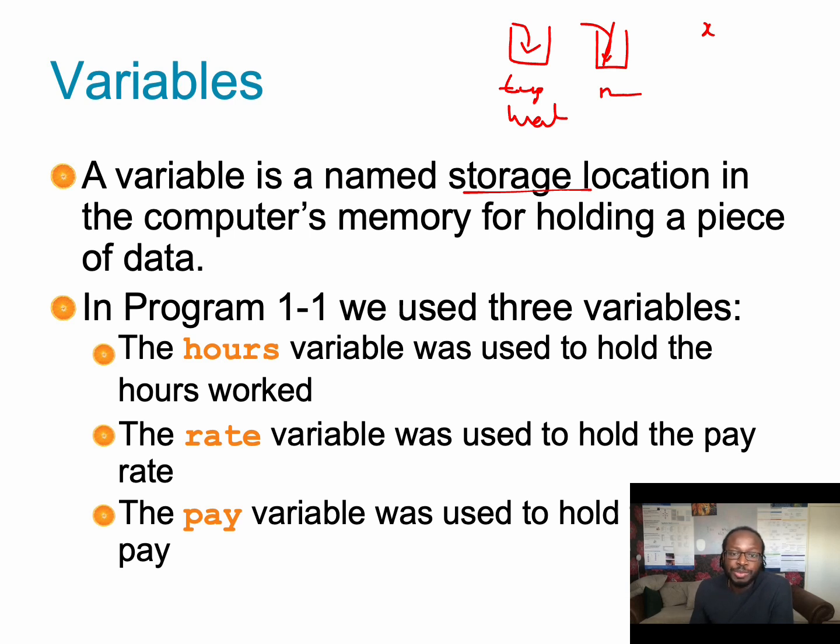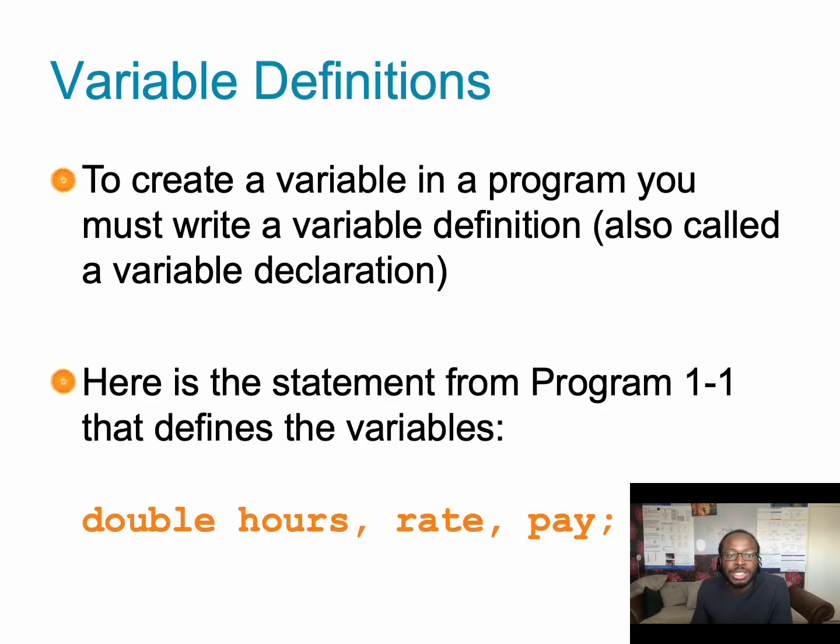If you take a program, for example, you have things like hours, rate, and pay being nicknames for memory locations, basic containers. When you define a variable, you create that variable at the point where you declare it.